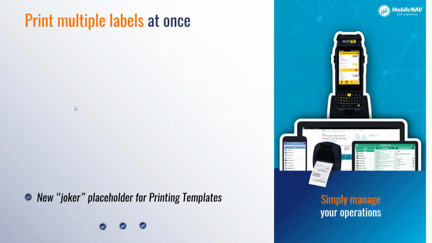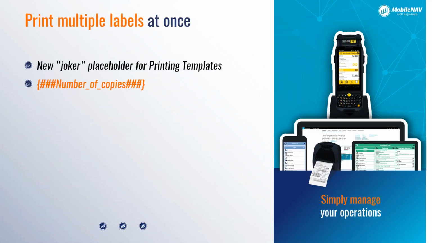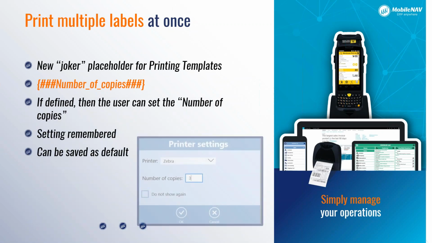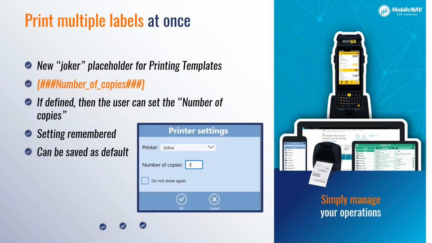Okay, multiple labels. You may already know about our label printing capability, which was introduced in, I don't remember, 4.9 or 4.10. Yeah, maybe it was 4.9. From that version, we are able to print out printer-specific template-based labels, which can be ZPL or CPCL, basically any kind of format will do.